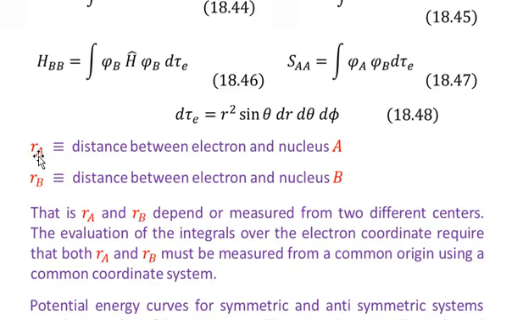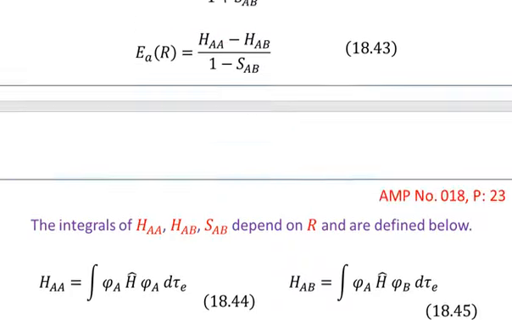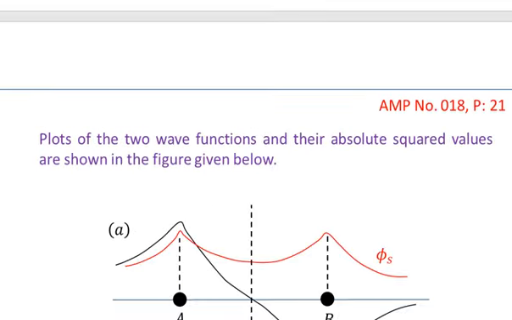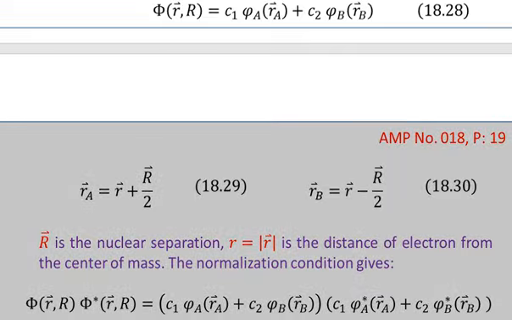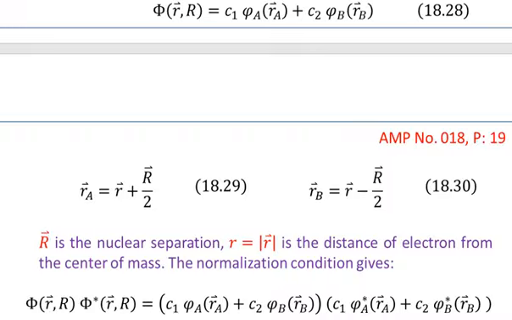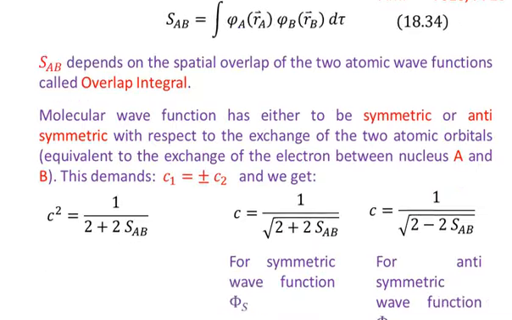So it means that we can represent RA and RB in terms of the parameter R, because this R is actually the distance of the electron from the center of mass, which is the same whether the electron is connected with nucleus A or with nucleus B. In both cases, R would be the same and measured from the same center of mass. So you can replace RA and RB with R using equation numbers 29 and 30.